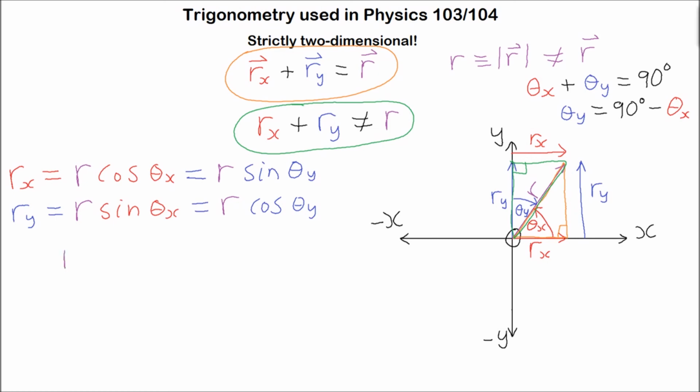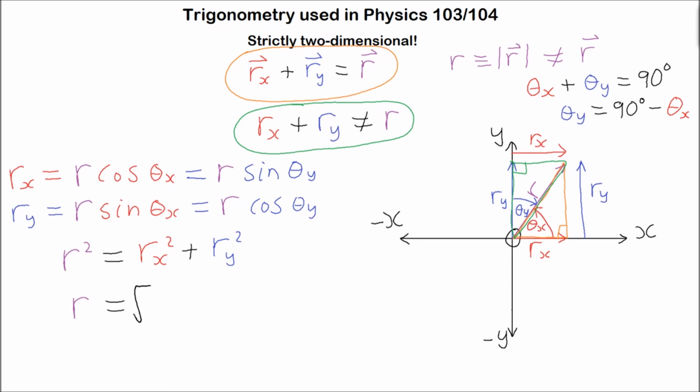So we can write that R squared equals Rx squared plus Ry squared.